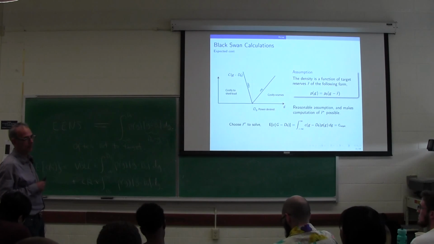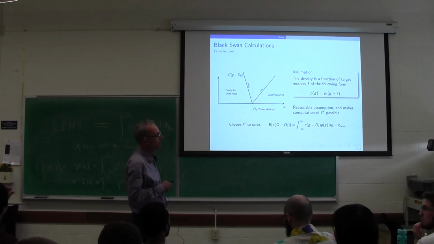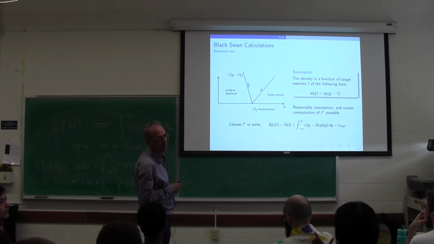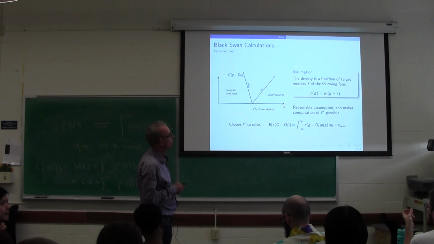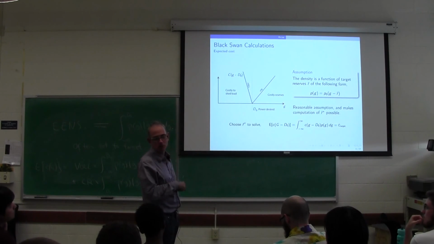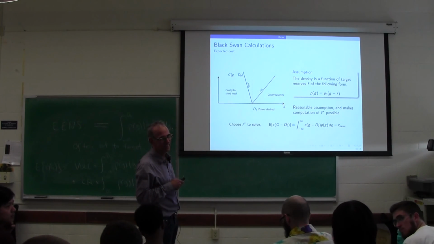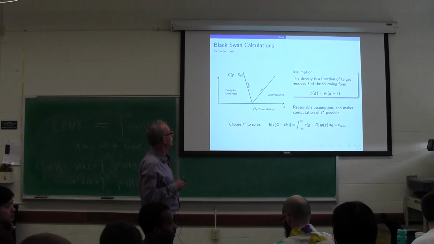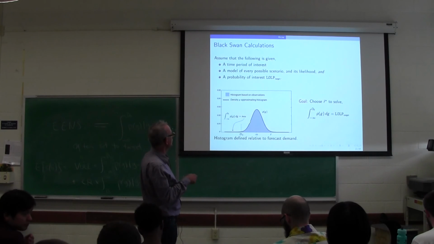Would it have been fine if for P of G we used the probability density function of the distribution? Well, in the homework we made a Gaussian, which is what this plot looks like.